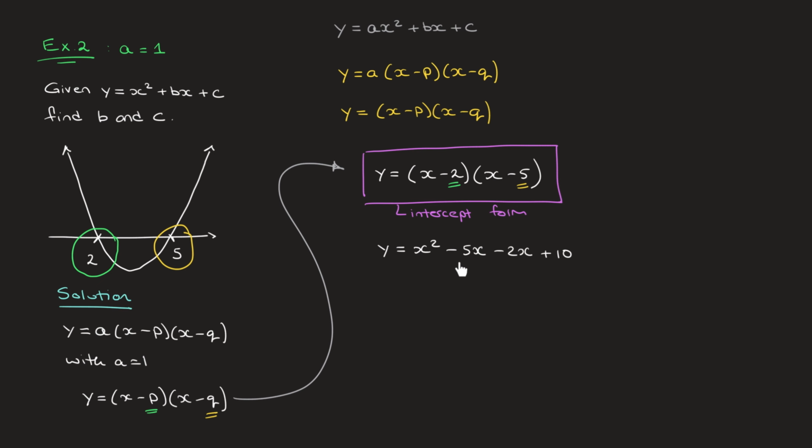Finally, gathering these two middle terms, negative 5x minus 2x, we can state that this parabola's equation in standard or general form is y equals x squared minus 7x plus 10.